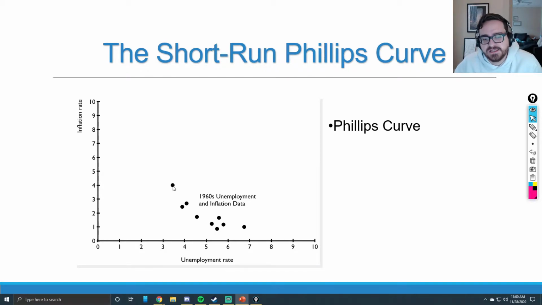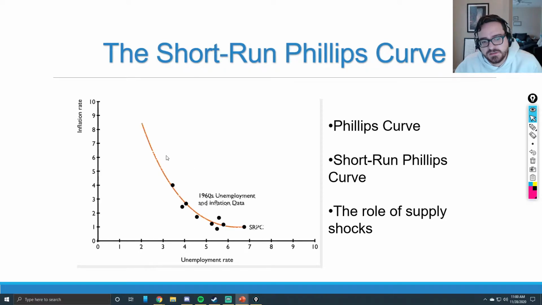Because if he did a line of best fit here, he'd be like, wait a minute. It is downward sloping. Downward sloping means it's inverse on a graph, in case you can't tell. Because at a very high inflation rate, you would have a very low unemployment rate. At the lowest unemployment rate, you have the highest inflation rate. And at the highest unemployment rate, you have pretty dang close to the lowest inflation rate.